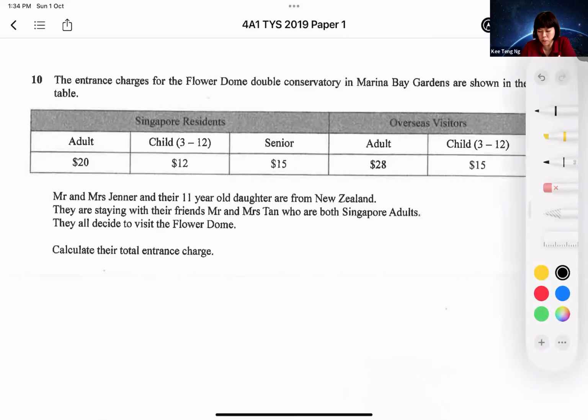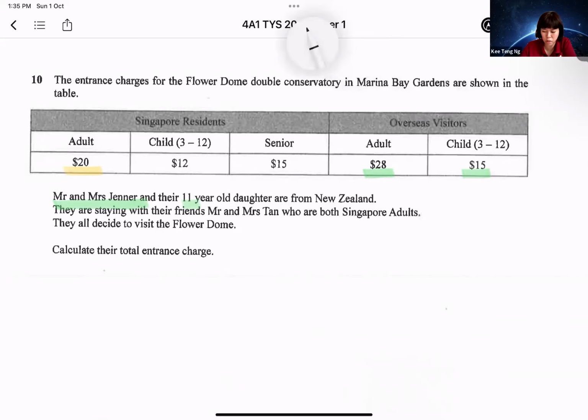So Mr. and Mrs. Jenner are tourists, then there is an 11-year-old, so adults and a child. They are staying with their friends, Mr. and Mrs. Tan, who are Singapore adults. They all decided to go to the Flower Dome, find the total entrance charges.